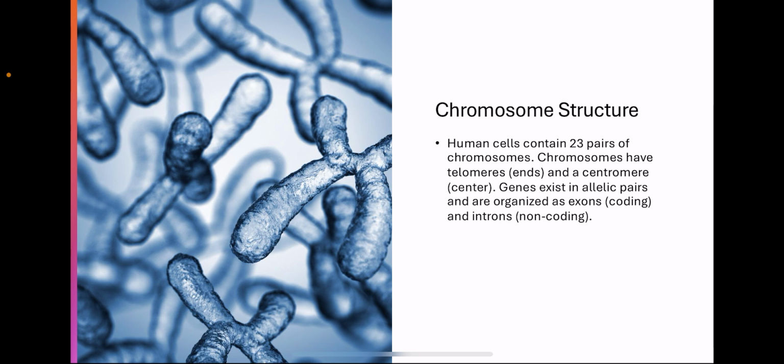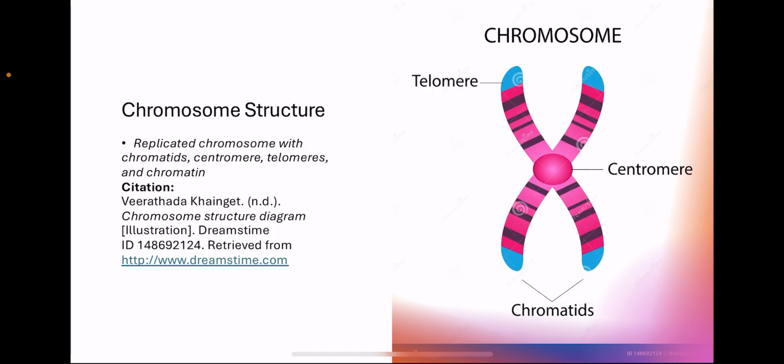Genes may have several alleles and are composed of coding regions and non-coding regions known as exons and introns. An individual's genotype is the set of alleles they carry. And then the phenotype is the observable trait expressed. So there's the chromosome structure there.